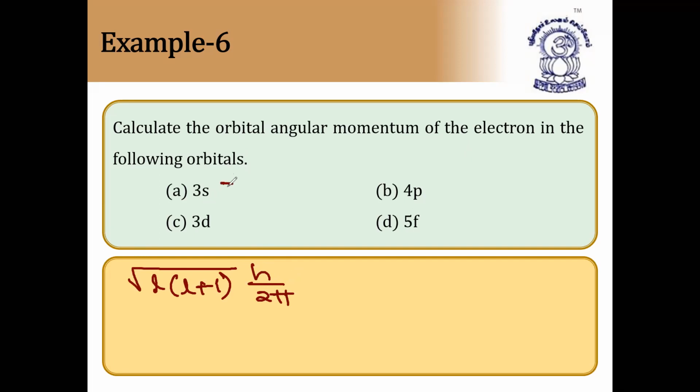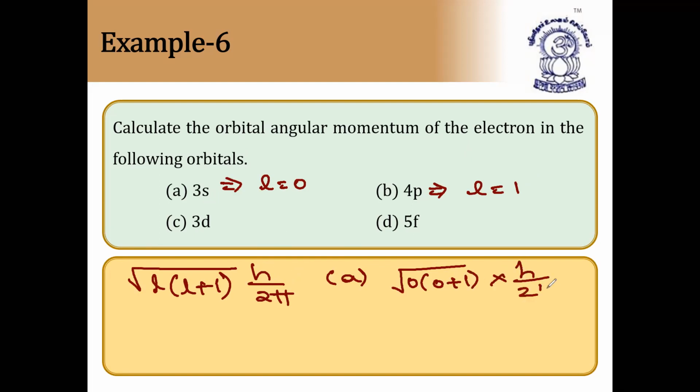First one, 3s orbital. For 3s, L is equal to 0. So it becomes root of 0 into 0 plus 1, into h by 2 pi. So the answer is 0. Next, the second one, 4p, L is equal to 1.